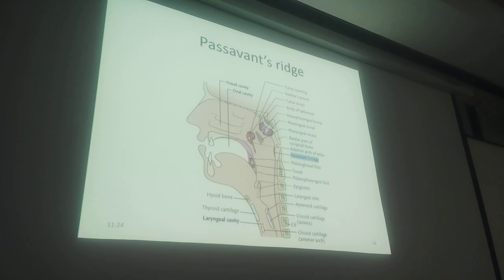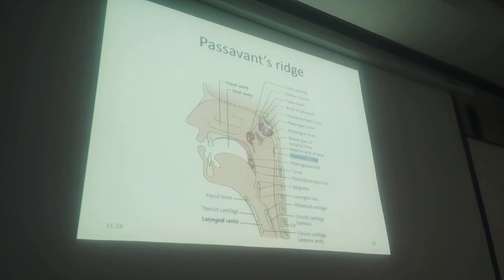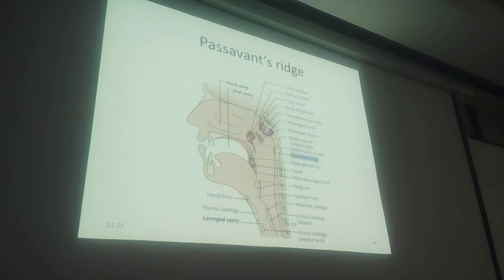That means there is no common oropharynx for food and air. Food passes through the oropharynx, air passes through the nasopharynx into the larynx. So there is no chance for the food and air to mix with each other. There is no chance for the food to enter the larynx. So even if a newborn child drinks milk lying completely horizontal, it does not choke, because the larynx is at a higher level.